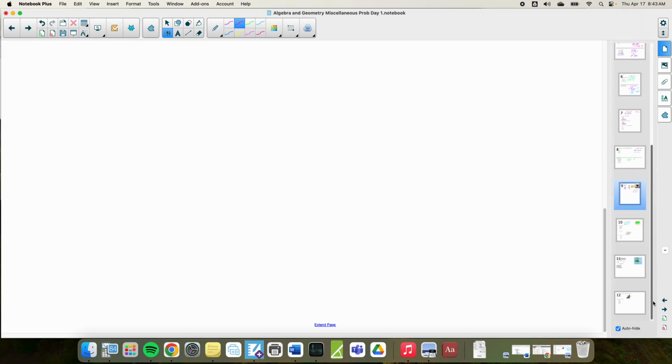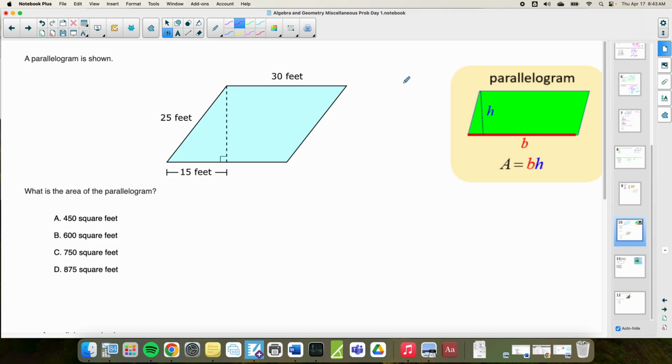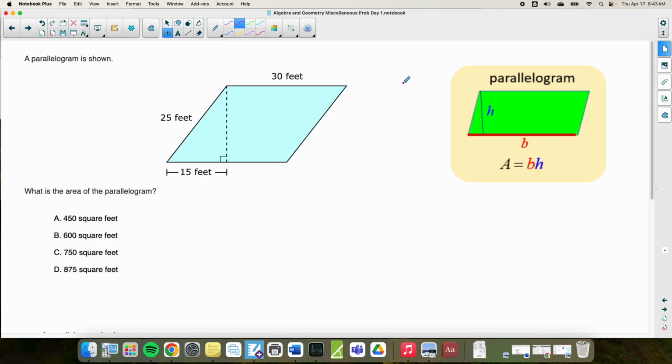Now, let's go to this page. The last part of today, we're just going to go over a couple of area problems. And this would be something that you would have to know the area formulas for. So the area of a parallelogram is base times height.